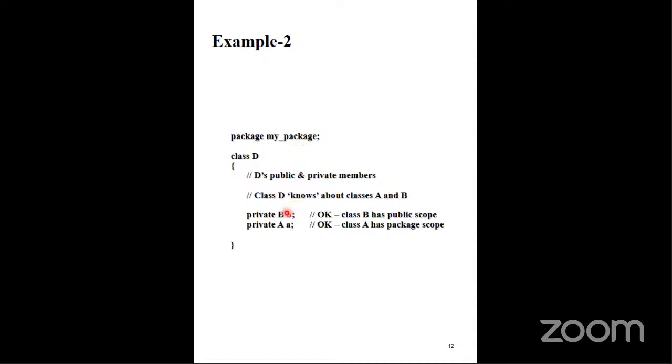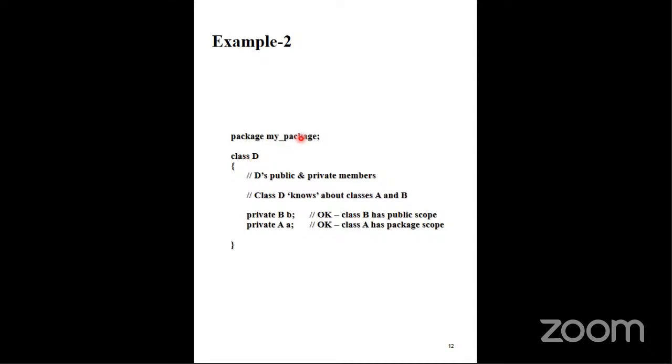Can it access class B also? Yes, because class B is anyway public. Class B is public, so it is accessible not only in this package, it is accessible in other classes also. But class A is accessible here because class A and D both belong to my package.